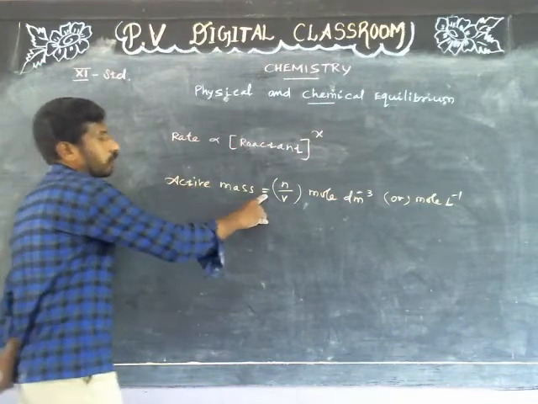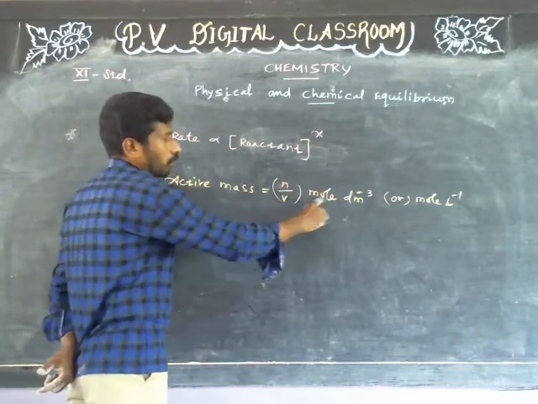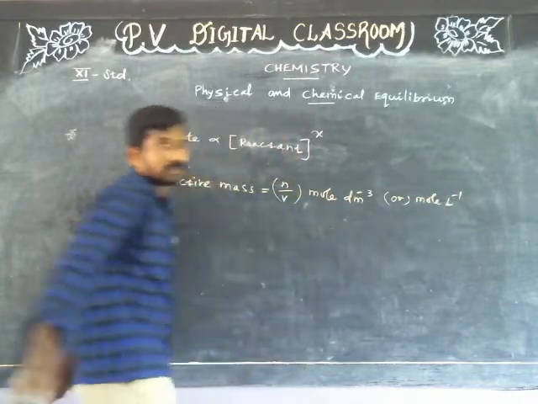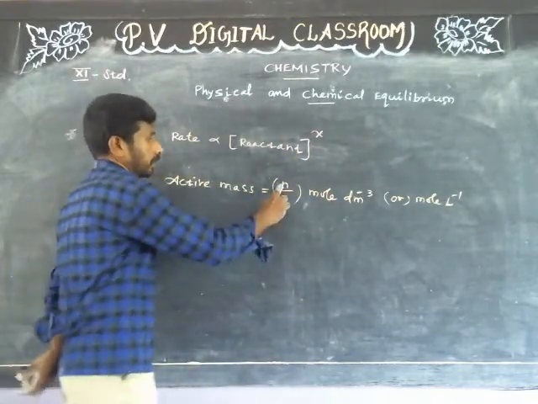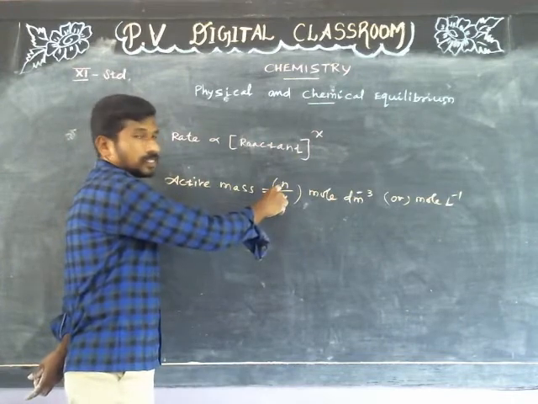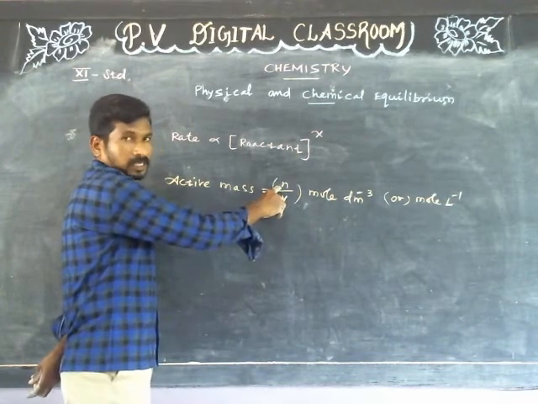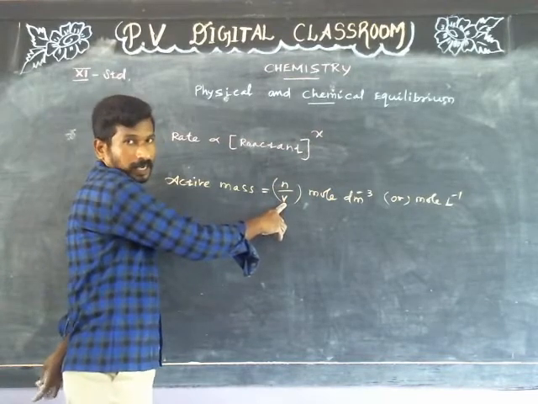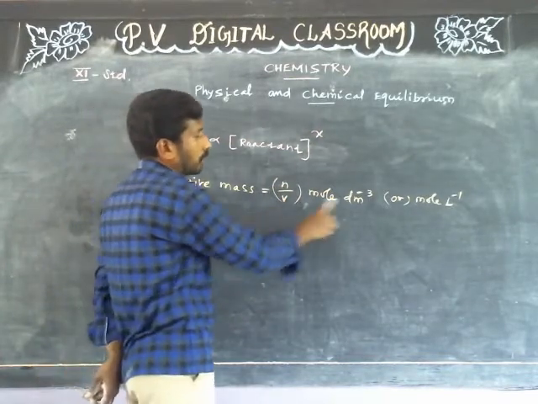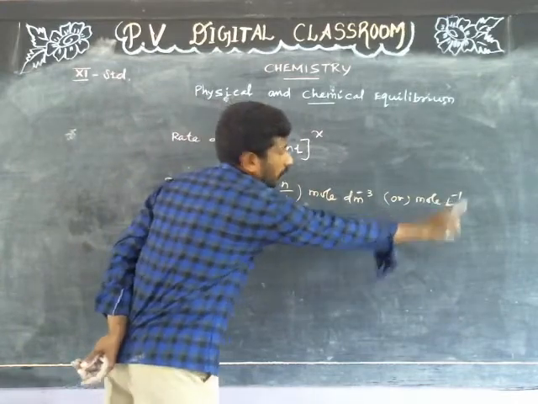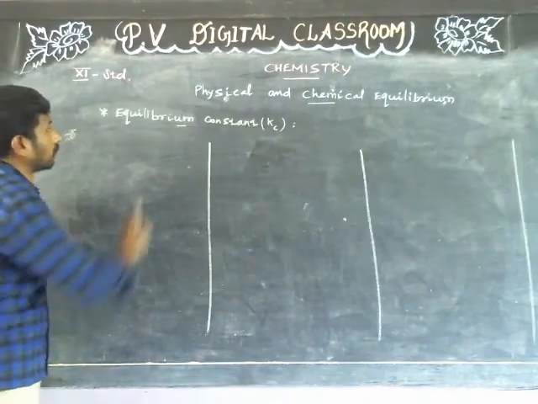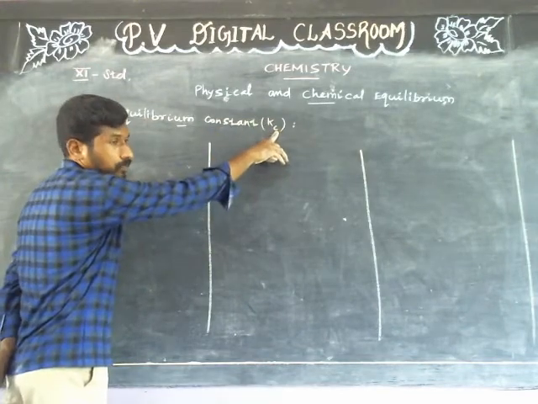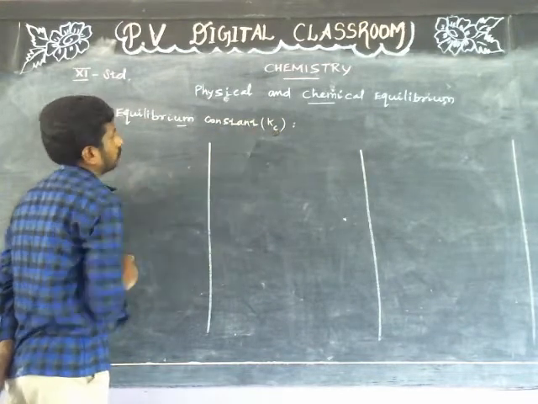Active mass is equal to n by V mole per decimeter cube or mole per liter, where n is the number of moles of the substance and V is the volume of the container in decimeter cube or liter. Then equilibrium constant in terms of active mass or concentration.